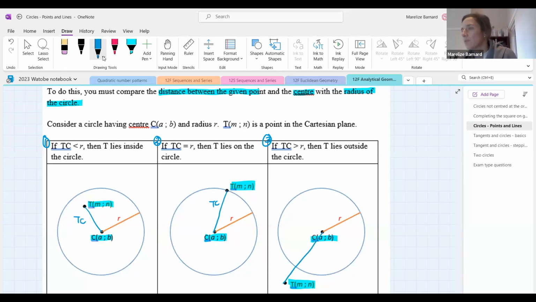And if it's further, it makes sense that it will need to lie outside of the circle, because there's my radius, this little orange bit. If this point is outside of the circle, then the distance between the center and that point will be greater than the radius. So here, TC is greater than the radius. Here it equals the radius. And here we have TC smaller than the radius.